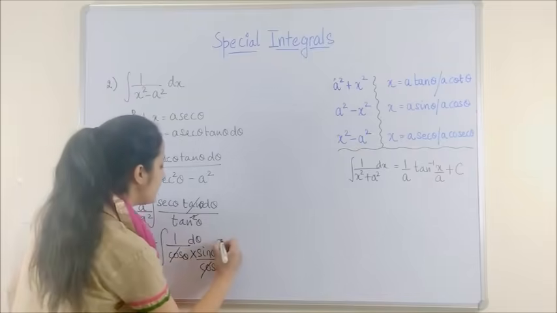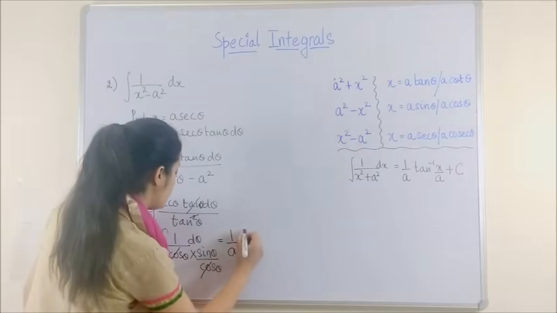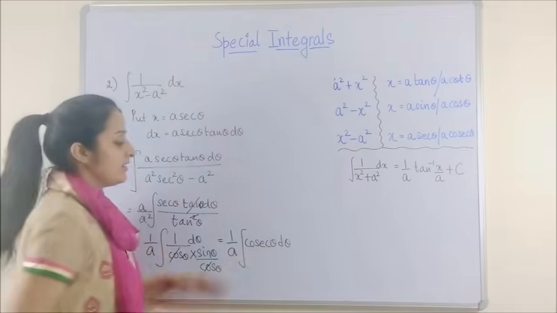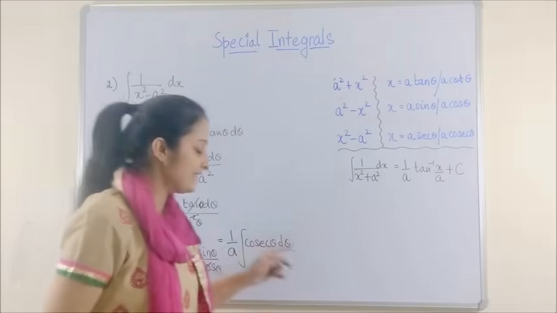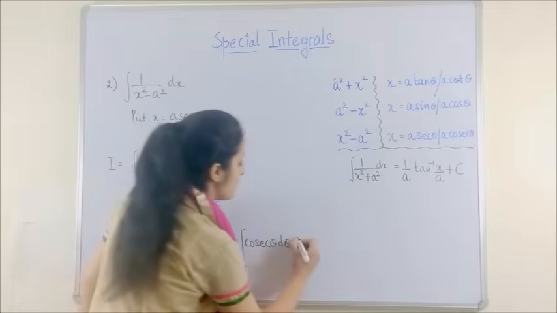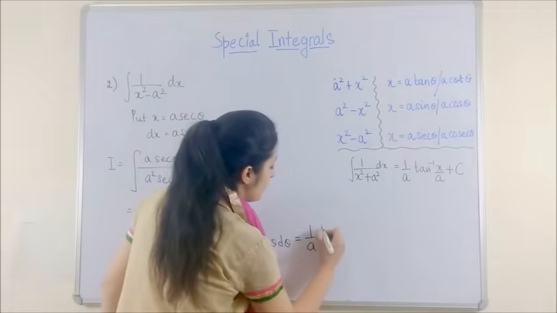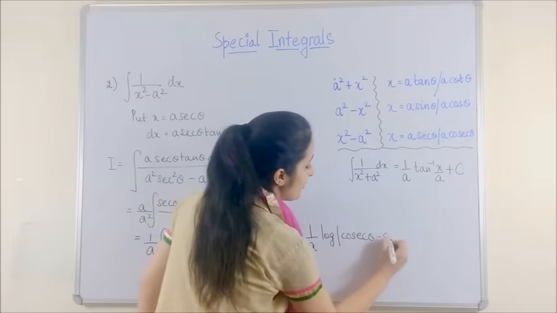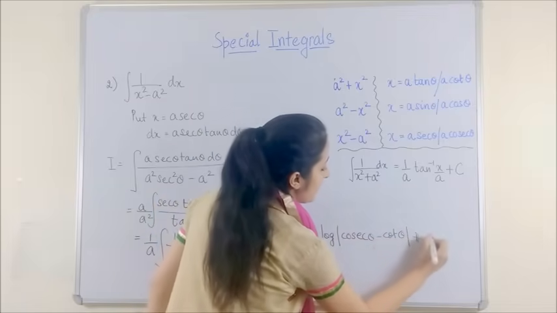So we finally get the answer 1 upon a cosecant theta d theta. If you recollect, the integration of this was 1 upon a log mod cosecant theta minus cot theta plus c.